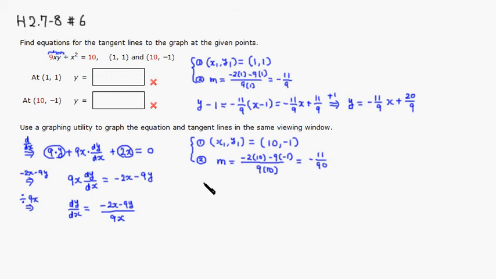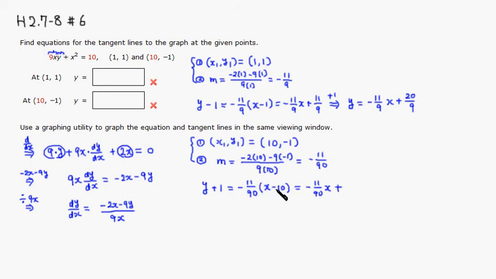So the equation is y minus negative 1, y1, so I'm going to write y plus 1 equal to the slope, negative 11 over 90, times the quantity x minus x1, which is 10. If you multiply that out, negative 11 over 90 x, and negative negative makes it positive.